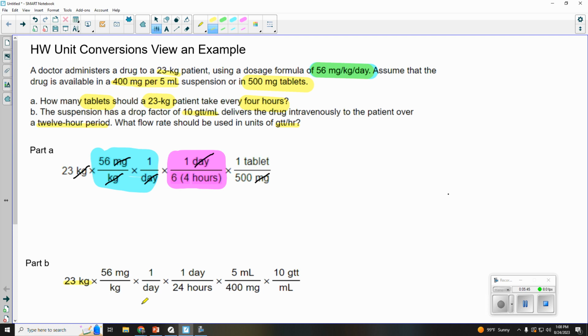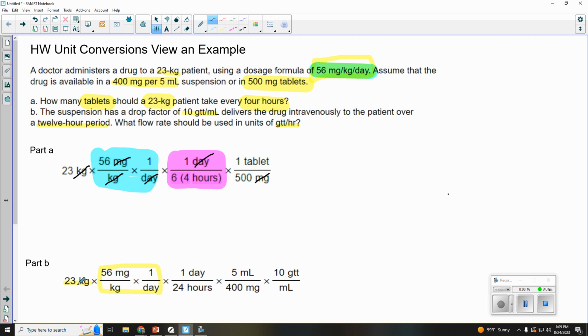Well, first we use this 56 milligram per kilogram per day. So this piece comes from this piece. And then 1 day is 24 hours. And the reason we do that is because we need these units to be diagonal again.